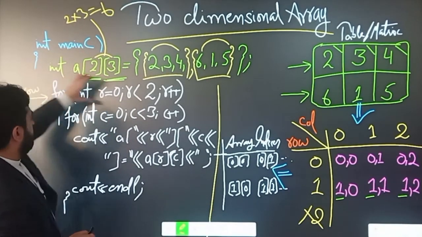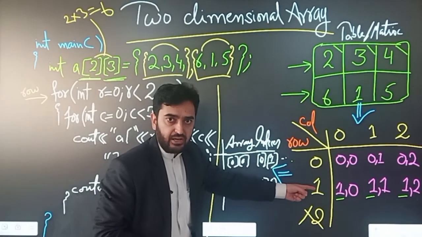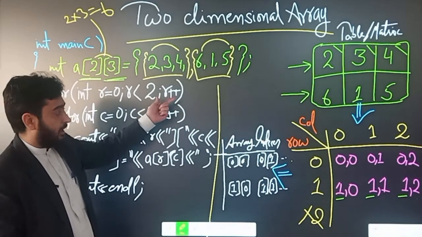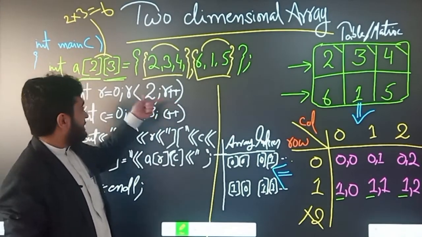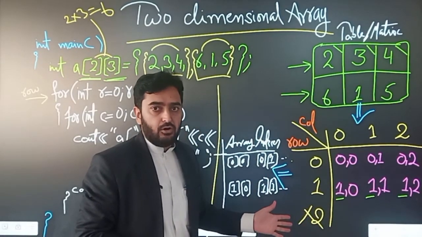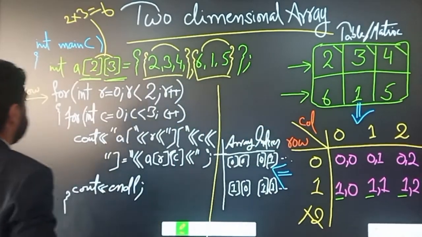Our first loop should iterate through row 0 and row 1 only. Then when r updates to 2, the condition must be false because we have no row number 3 in our table or matrix.